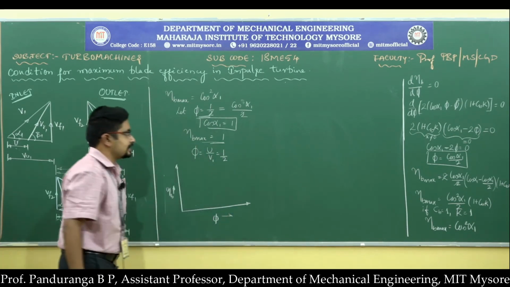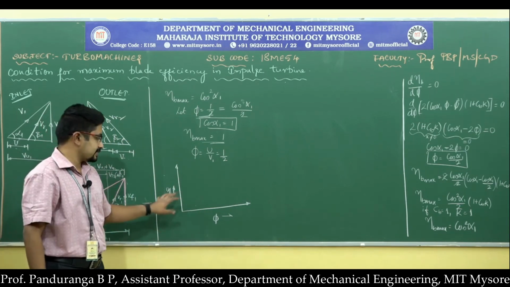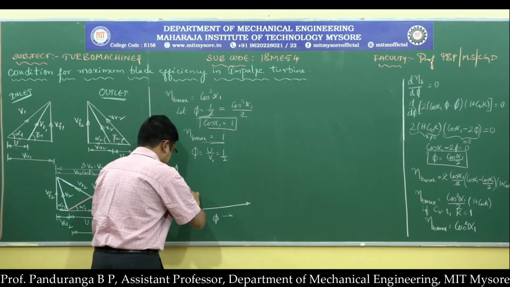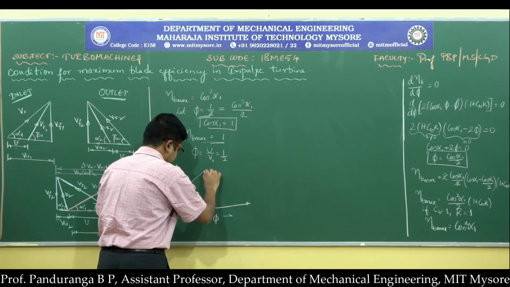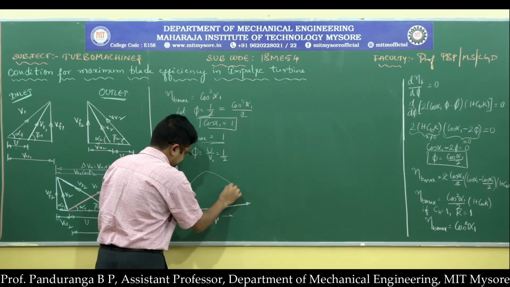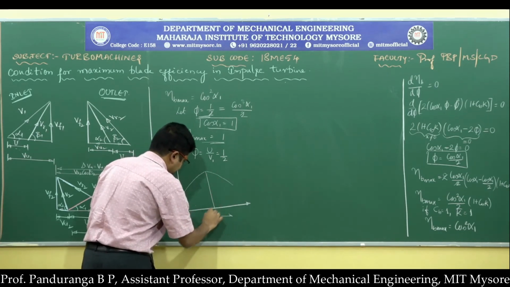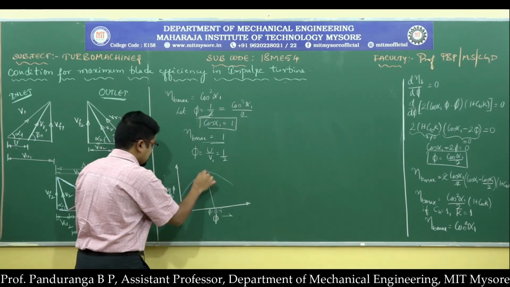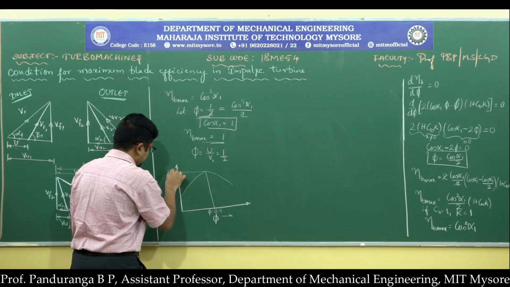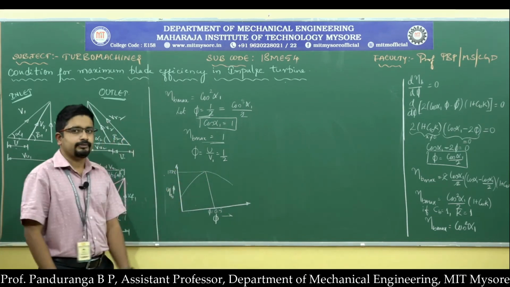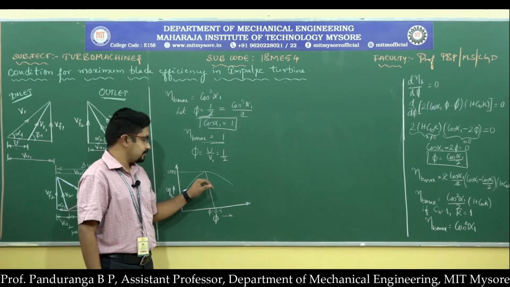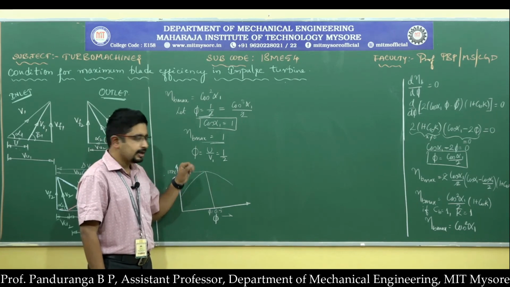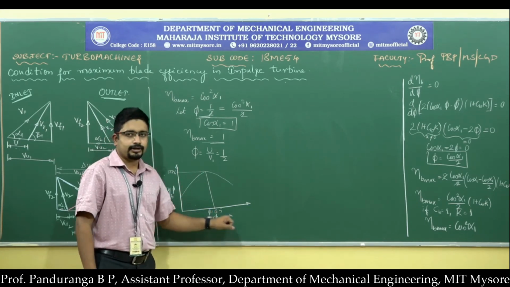If you see the variation of eta b, that is blade efficiency, with respect to phi, it gradually increases and reaches a maximum value, then it reduces, and this maximum value corresponds to phi equals 0.5 or 1 over 2, and here the efficiency will be 100%. Theoretically we cannot achieve this, practically we cannot achieve this efficiency, but this is the topmost efficiency which we can achieve if we keep phi as 0.5.